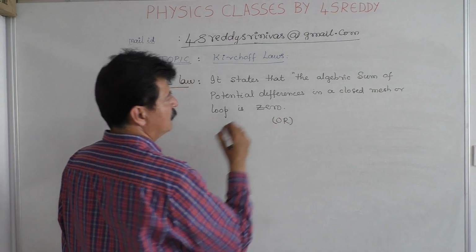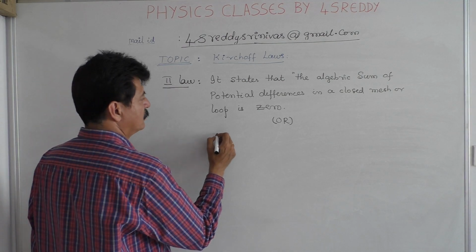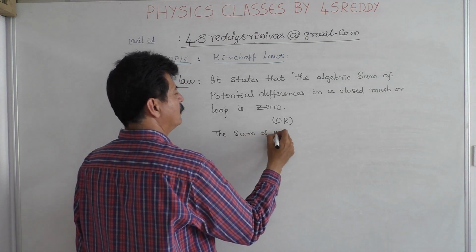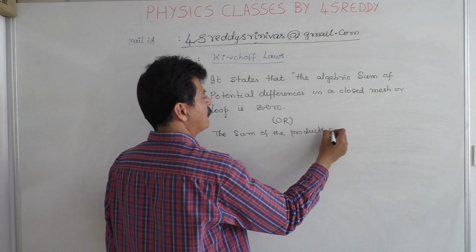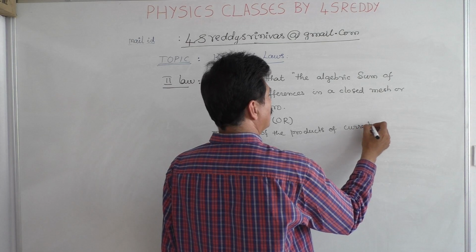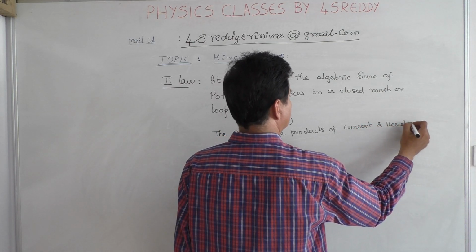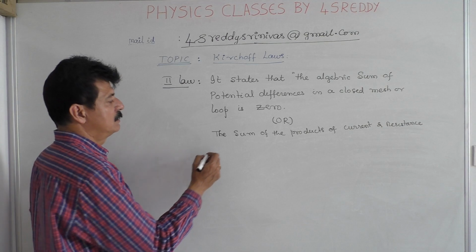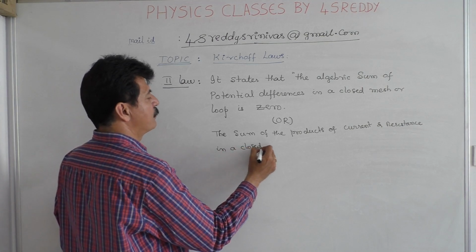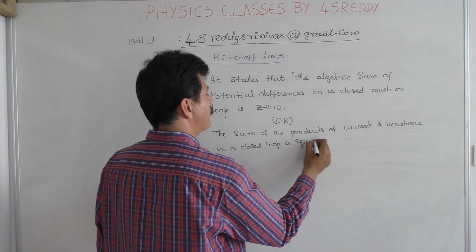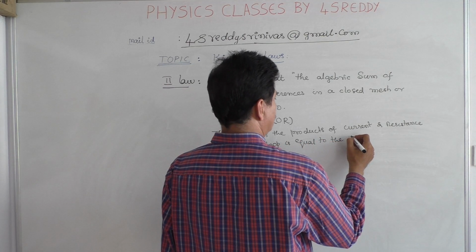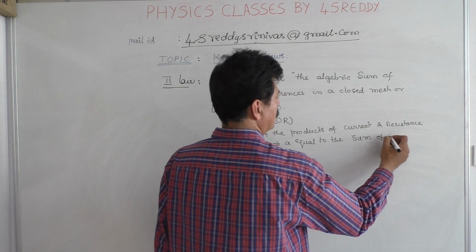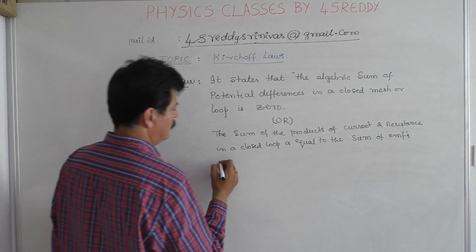Or otherwise, we can say that the sum of the products of current and resistance in a closed loop is equal to the sum of the EMFs in the closed loop.